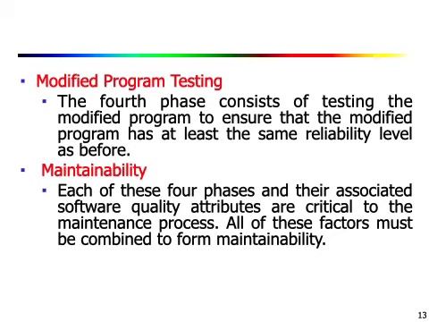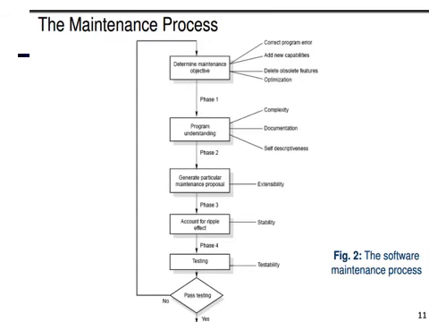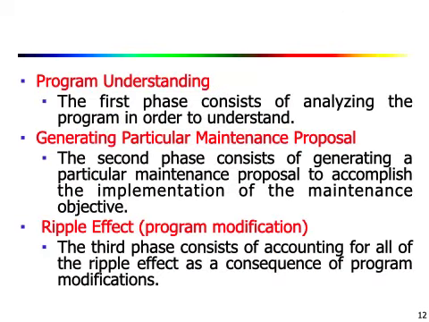If you pass the testing phase, then you finish there. If not, then you have to go back and do this whole process again. That is, you have to again determine the maintenance objective, then understand the program, generate a particular maintenance proposal, account for ripple effect, and then perform testing.